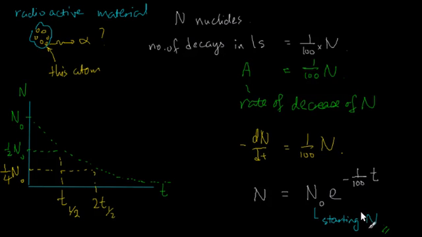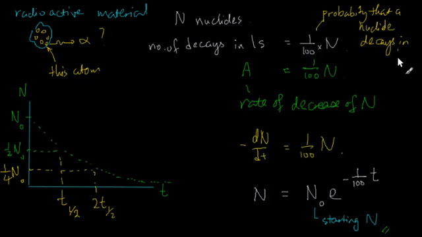Now, this is an important result, because it also means that our idea, if you remember how we got here, our idea that the number of decays in 1 second is the probability. Remember what the 1 over 100 means? It's the probability that a nuclei decays in 1 second.